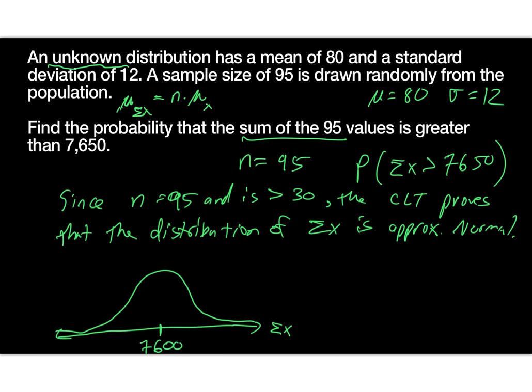The standard deviation of the sum of x's will equal the square root of n times the standard deviation of x. That was the formula from that last page. So now you're going to take 12, which is the standard deviation, times the square root of 95.